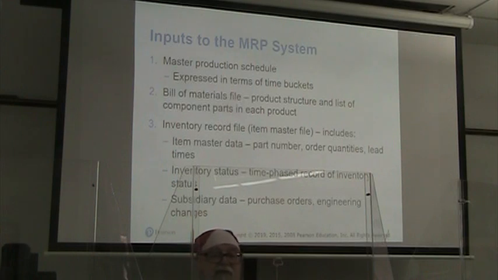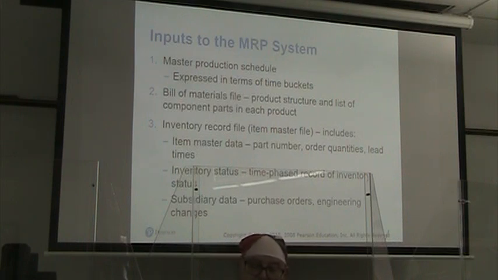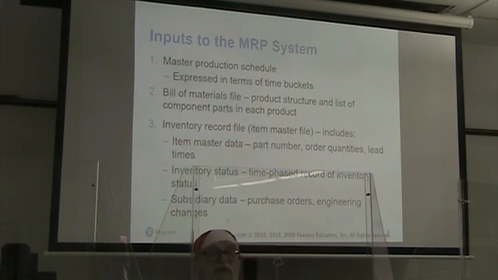That gives us our product structure and the list of component parts that we need for each product. The inventory record file, or item master file, has the part number, order quantities, and lead times. Our inventory status is a time-phased record of our inventory. And subsidiary data that we may need, such as purchase orders or engineering changes to the product.